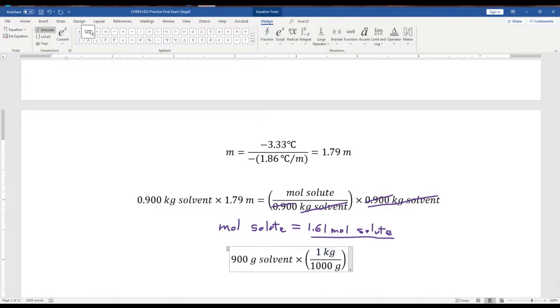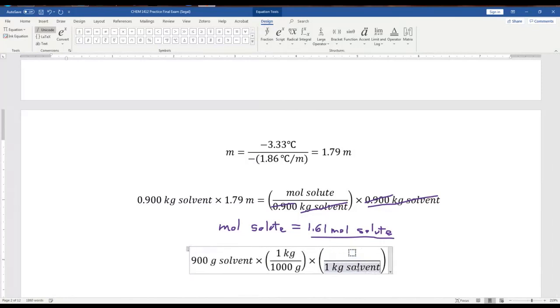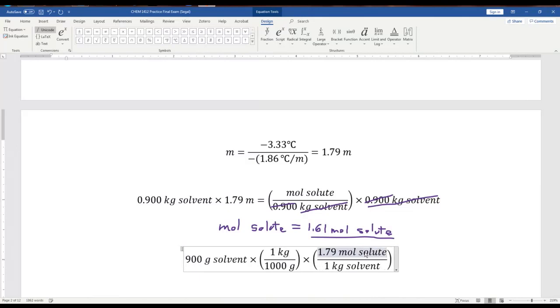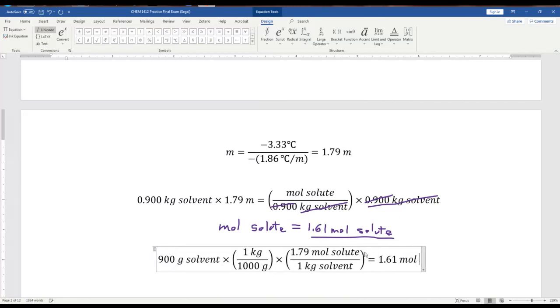Then I can use my molality to convert kilograms to moles, because 1.79 molality means 1.79 moles of solute for 1 kilogram of solvent. If you did that calculation, you'd end up with the exact same thing, which is 1.61 moles of solute.